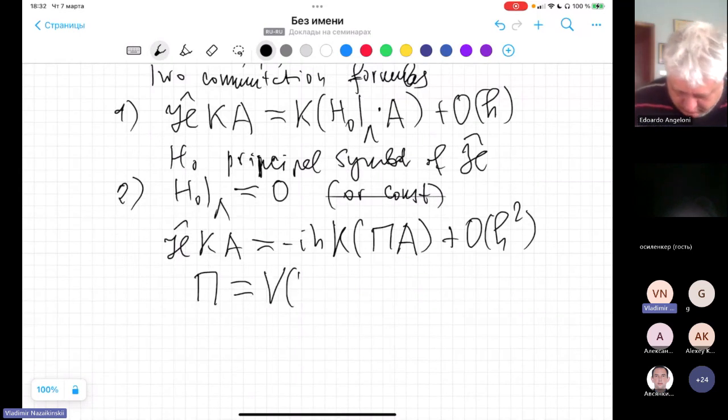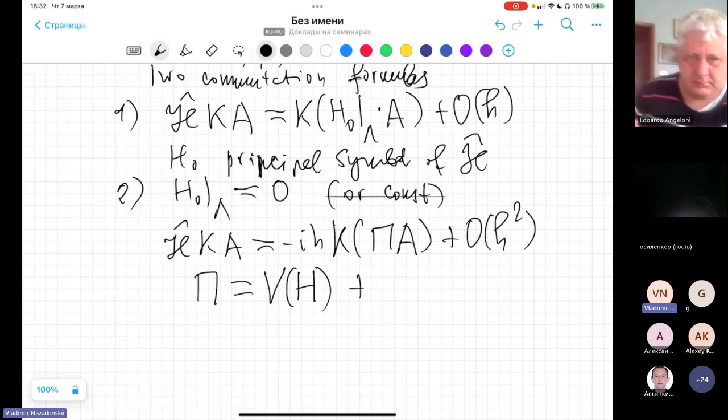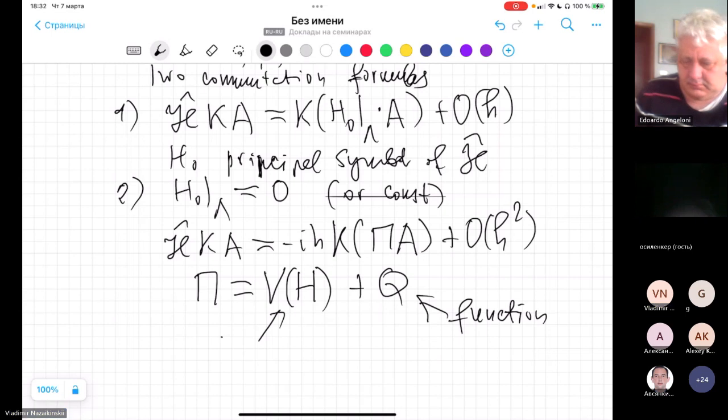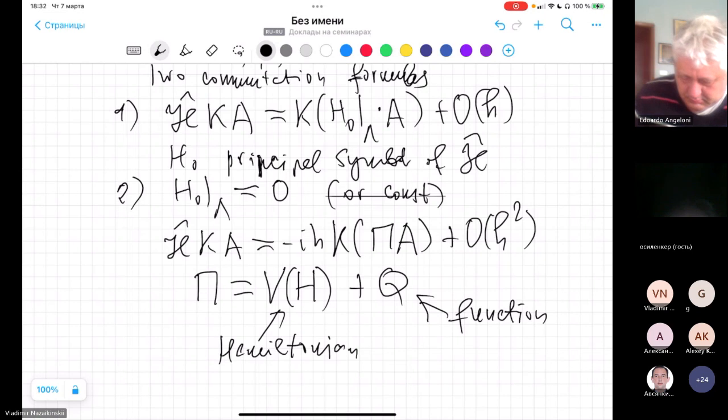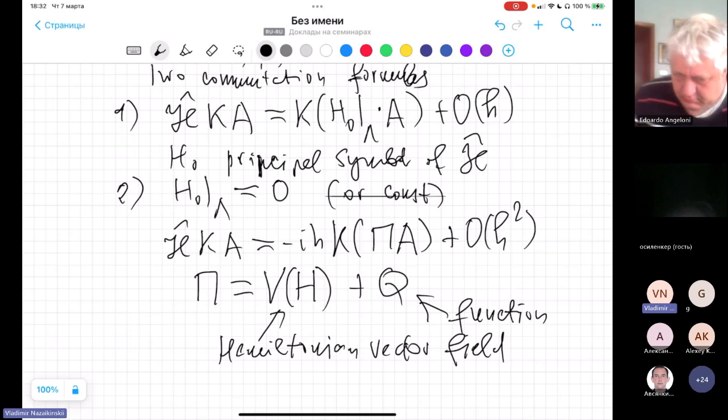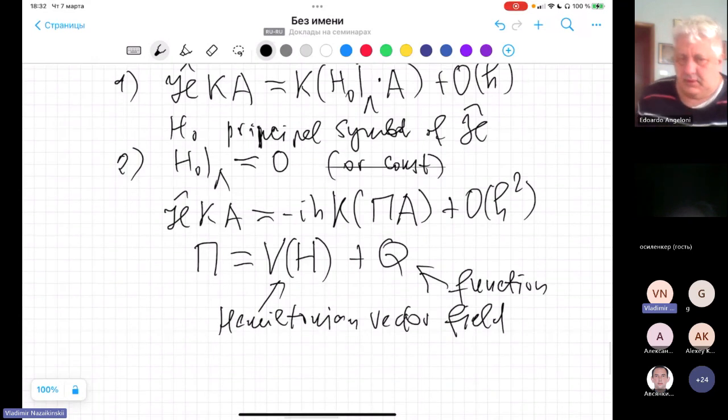It is equal to the Hamiltonian vector field plus some function that I will not write out here. This is the Hamiltonian vector field of the principal symbol H naught.